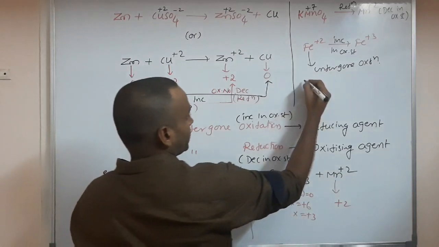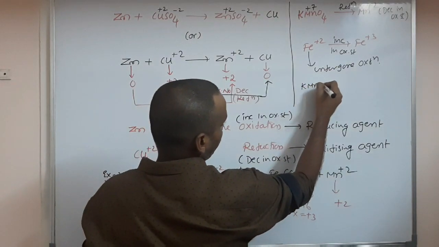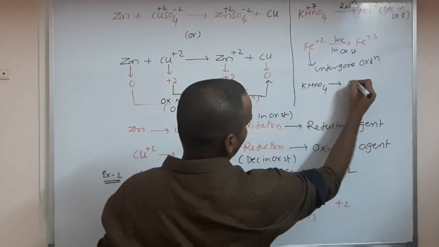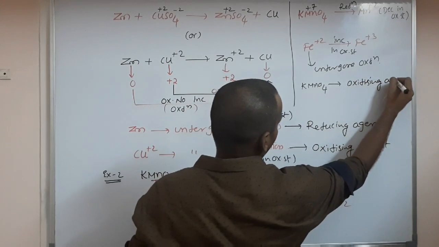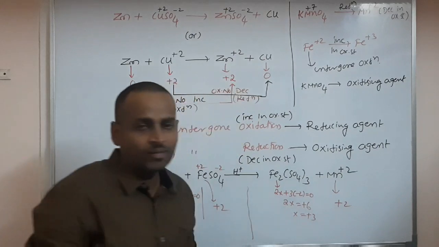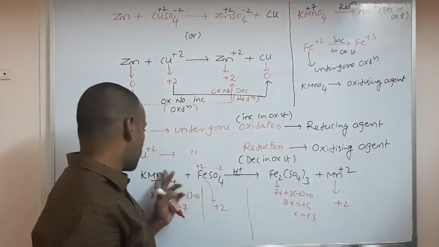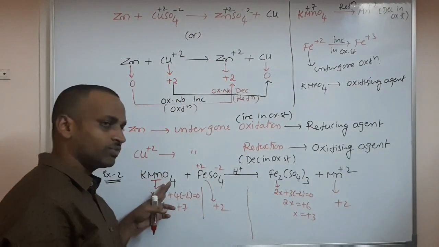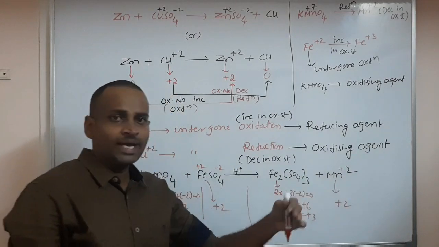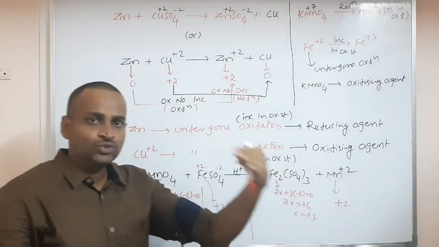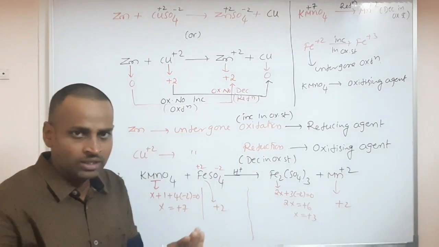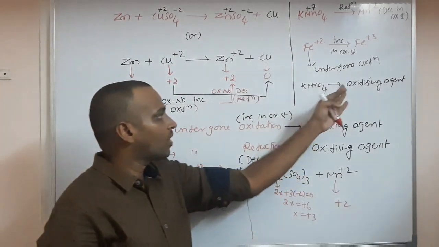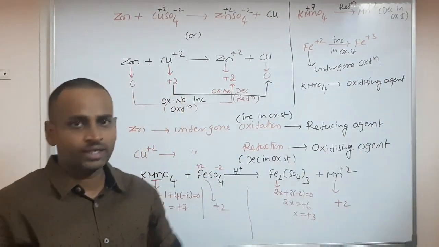So you can say that KMnO4 is the oxidizing agent. Why is KMnO4 the oxidizing agent? Understood? Because the manganese oxidation state changed from plus 7 to plus 2. So the manganese oxidation state reduced, so manganese underwent reduction. Therefore KMnO4 underwent reduction, which means KMnO4 is an oxidizing agent because it underwent reduction.